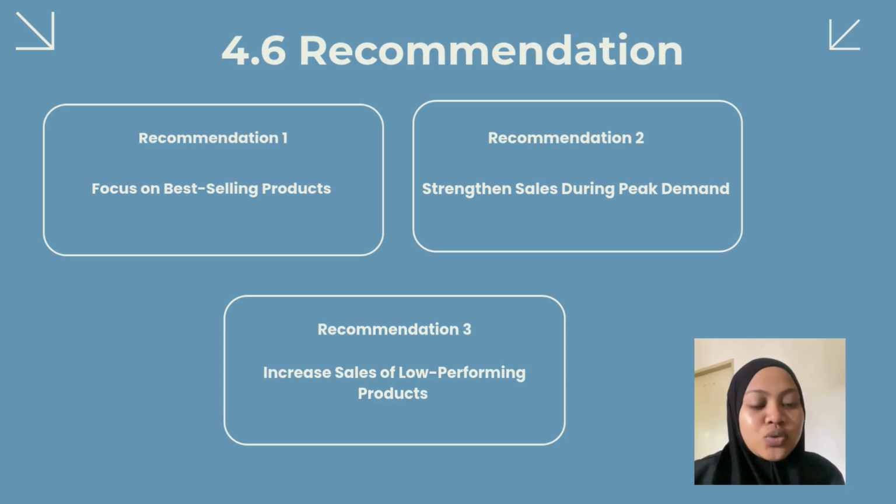So the cafe should identify the factors that contributed to June's higher sales and continue a similar marketing strategy for sustainable growth. For the next recommendation, we have increase sales of low performing products.